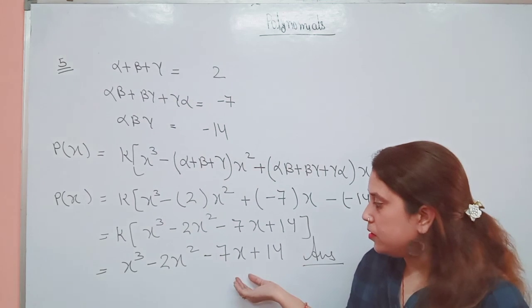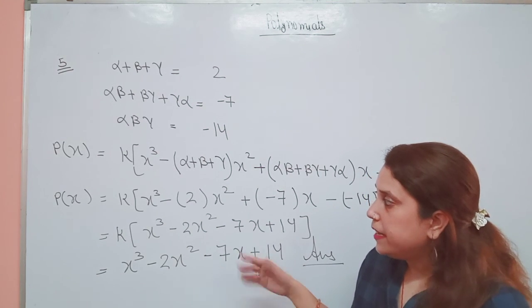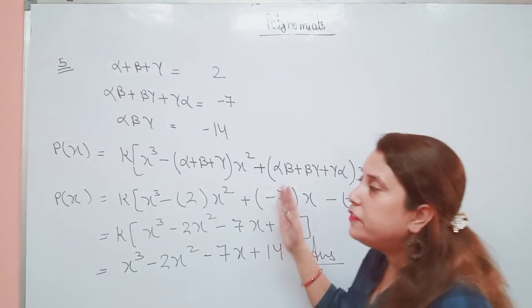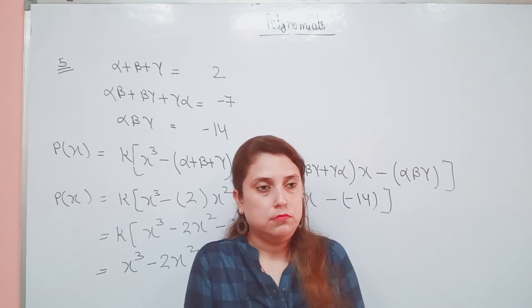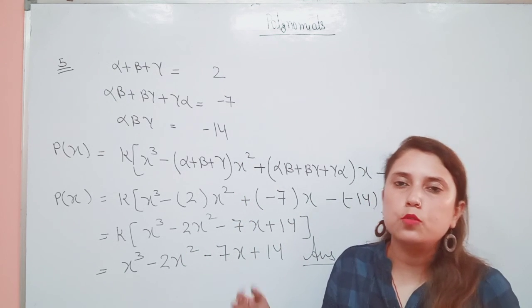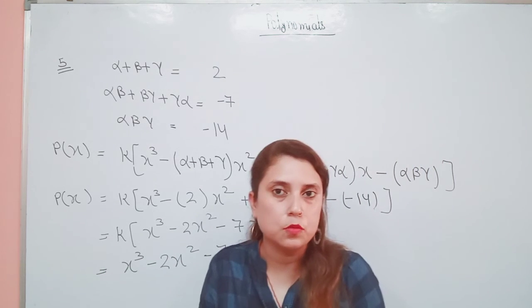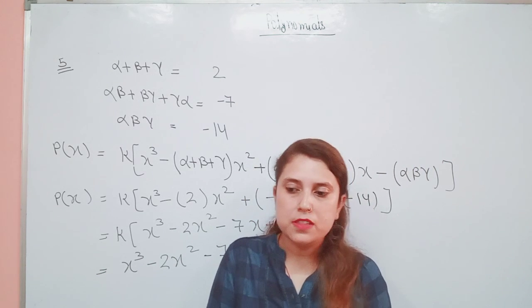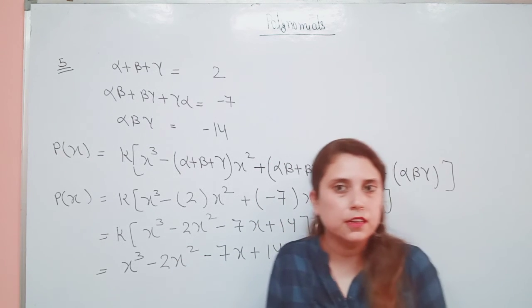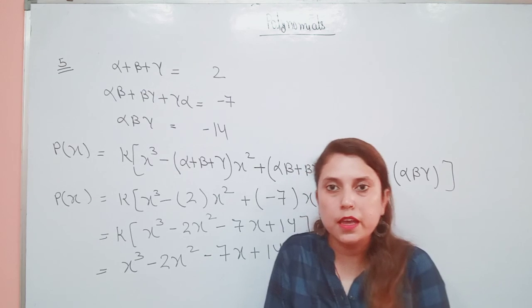Okay beta, so this is enough for today. In the next class we will discuss how to find the other zeros if two zeros or one zero of a polynomial are given. We will discuss that in the next class.